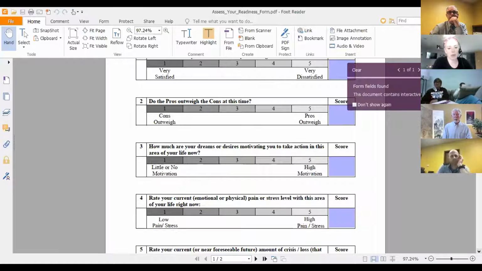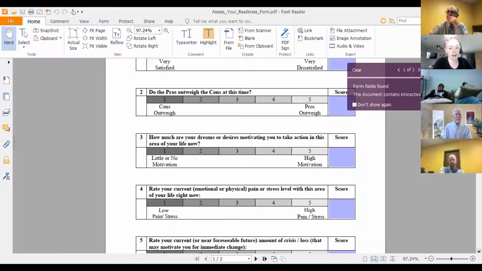The fourth question is rating yourself, how you feel currently on the physical and emotional level of pain or stress that's caused in this area. So are you physically in pain and you want to change something to make yourself feel more well? Or is there an emotional stressor that is making you want to make this change?